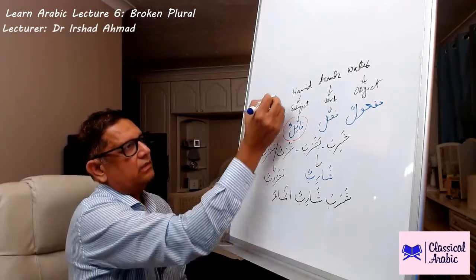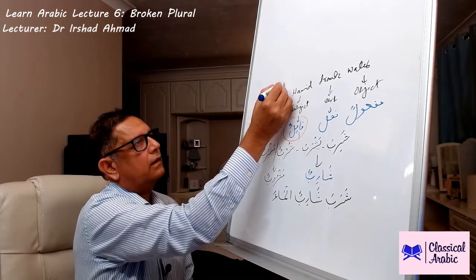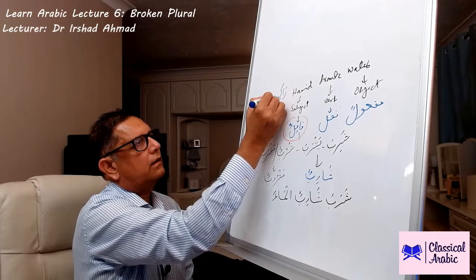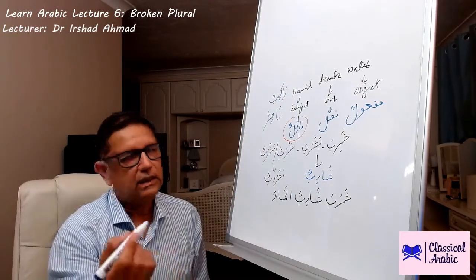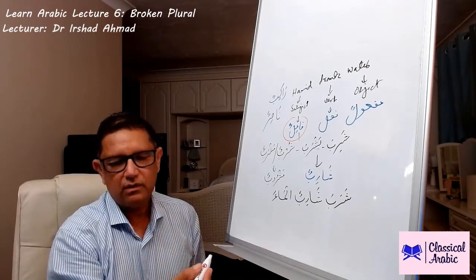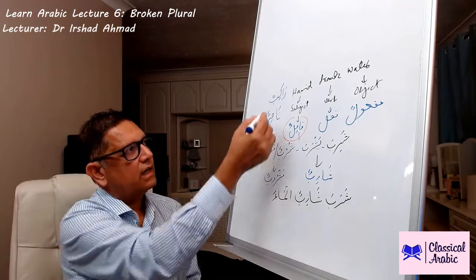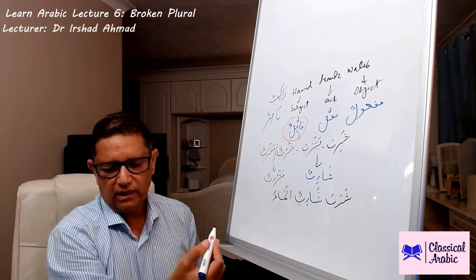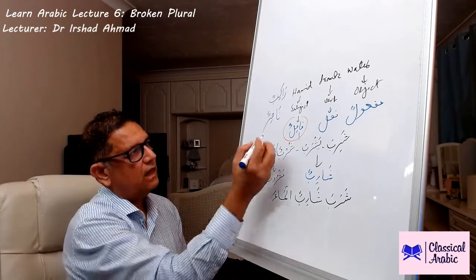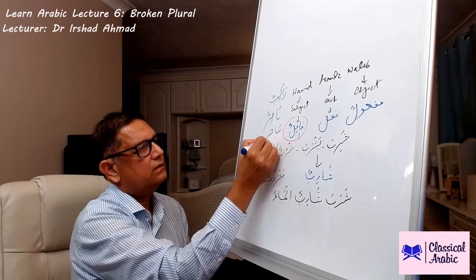We have another word called Rakibun, the person who rides. So that is similarly Rakiba, Yarkabu. Rukubun is the master, and Rakibun is the one who rides. We have on the same pattern Sahirun.